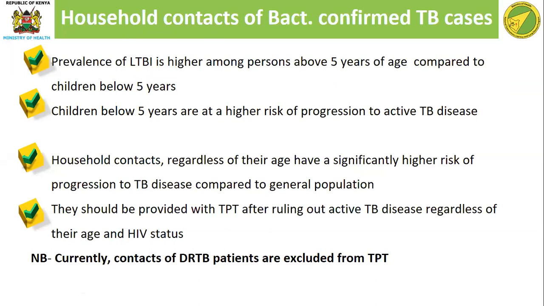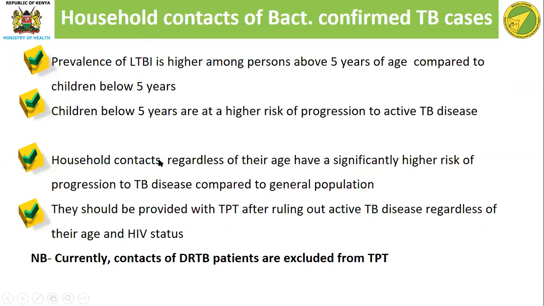So all the contacts more than 5 years are at risk of tuberculosis, including the adults. However, we started with the under 5s because their risk of progression to active TB is higher because of the immune status. If you have a child below 5 compared to a child over 5, the one likely to progress to active TB faster is the child below 5 years.